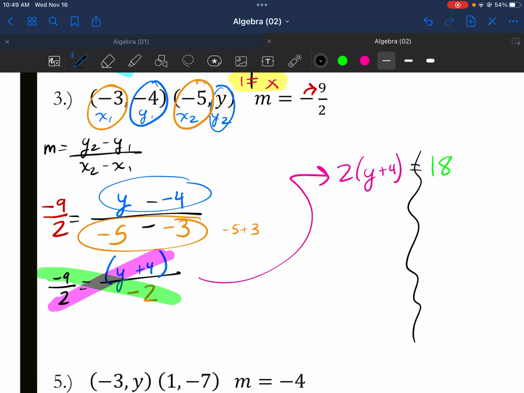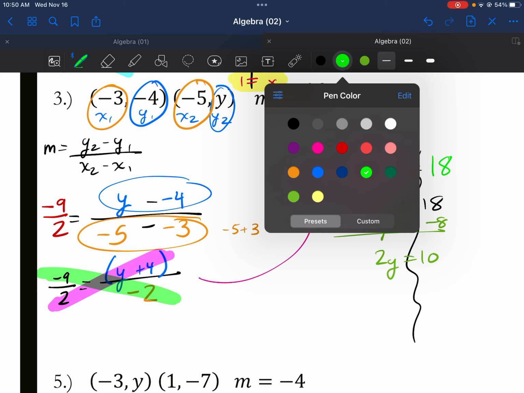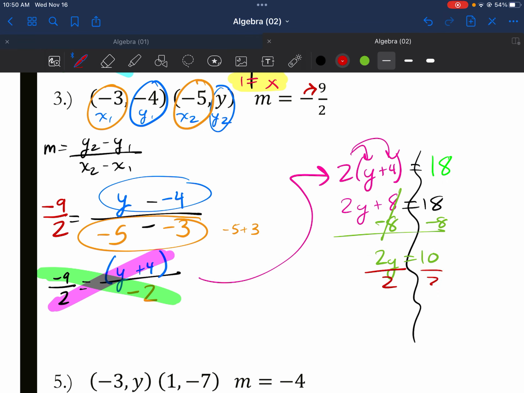It is up to you on how many steps you want to show. We're going to distribute and get 2y plus 8 equals 18. I can subtract 8 on both sides, so I get 2y equals 10, and then I'm going to divide by 2. So the missing coordinate, our y that we were looking for, is equal to 5.